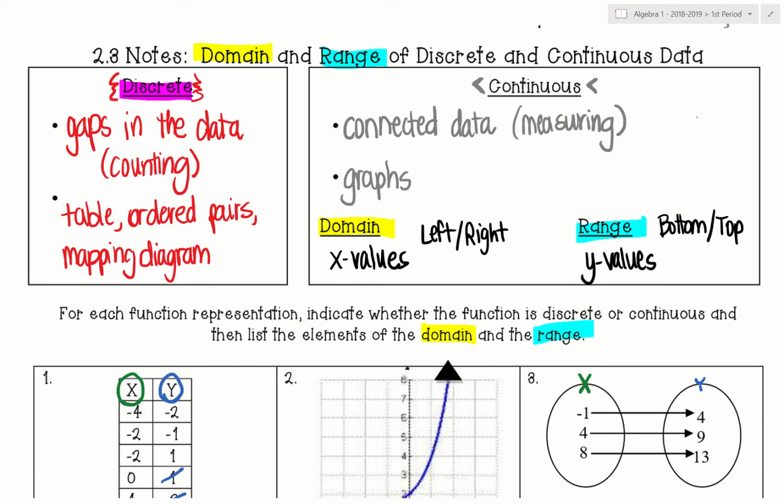Negative. So what's your first step? What's it, plus 3? Perfect.